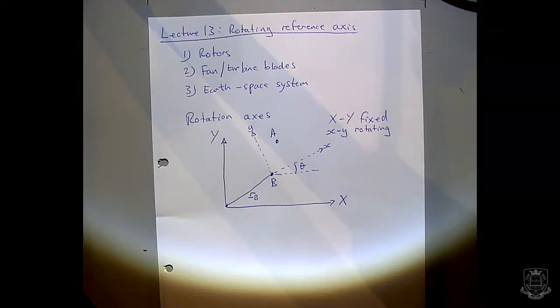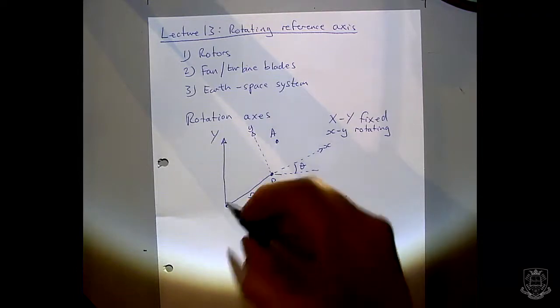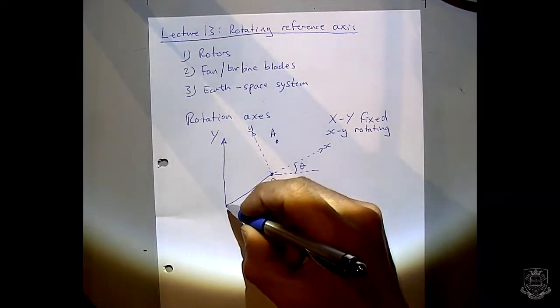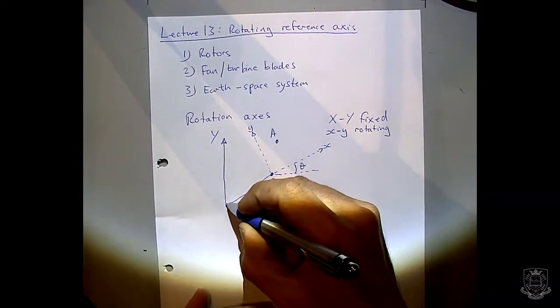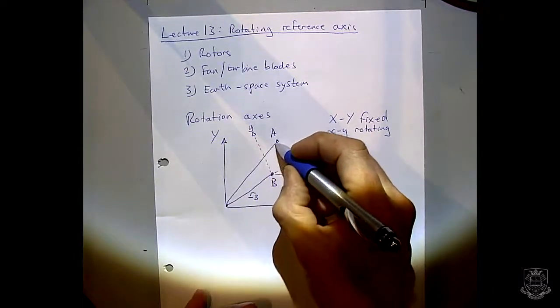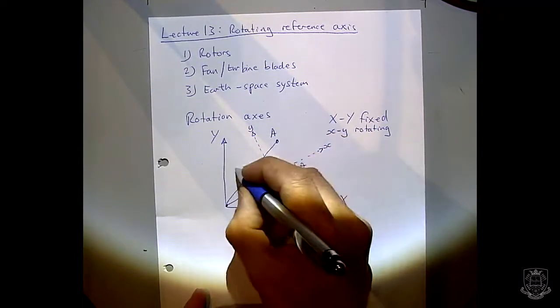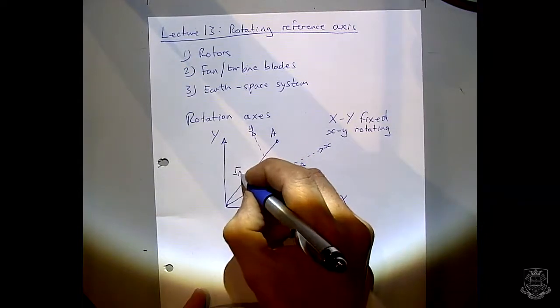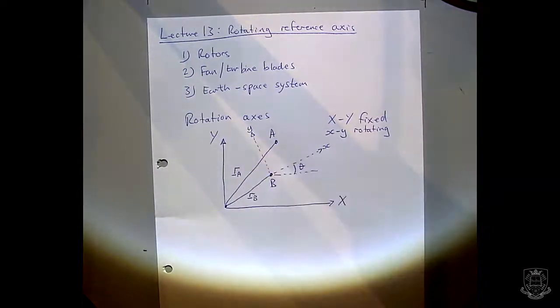Okay, well, it's in the rotating frame the whole time, but it will change. As the thing rotates, point A will change its location in the small xy plane. So we're going to reference A also to the fixed frame. So we'll have an RA vector, which tells us where point A is in reference to the fixed frame.